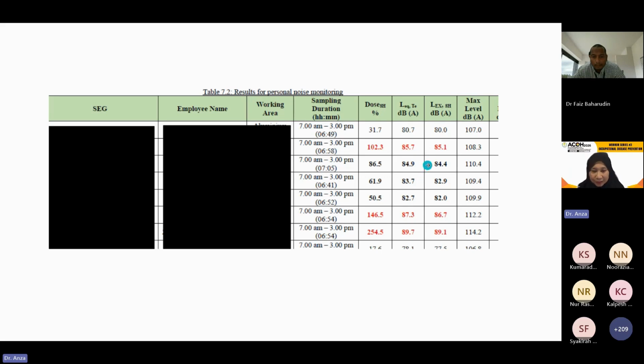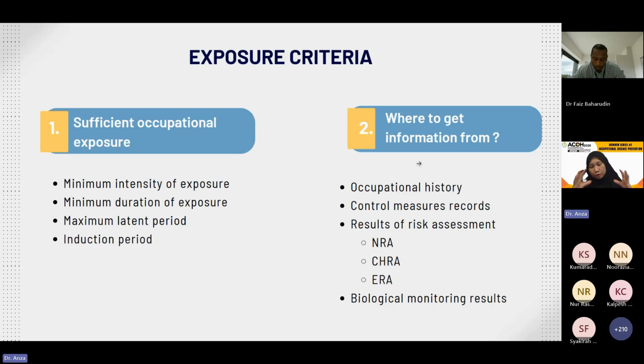The ones in red are above the noise exposure limits. That is what I mentioned to you: it is quantified, because by interviewing the patient, we cannot quantify the exposure.